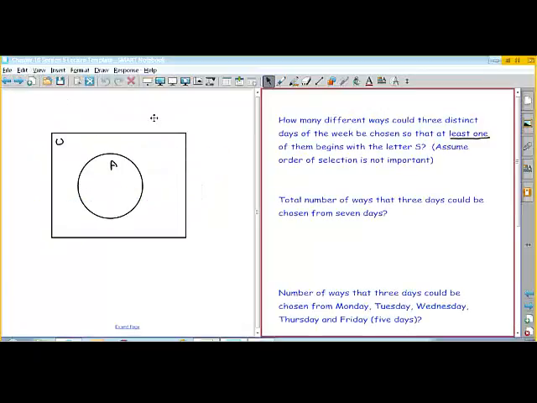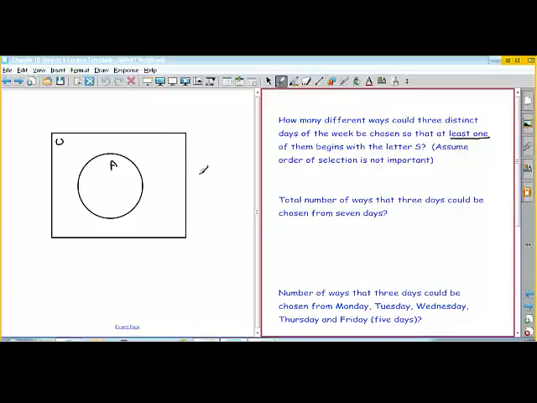Okay, so this is a problem in your book. Let me find the numbers so you can reference it. This is chapter 10, section 5, problem 17.